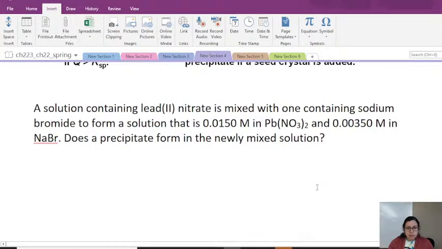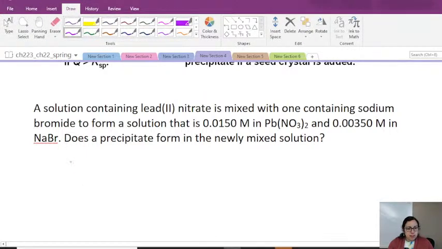And so, of course, the first question is, well, what is our precipitate? So we have these two solutions, lead nitrate, sodium bromide. And this is kind of thinking back to our other chapter, first quarter chemistry. These ions are floating around.